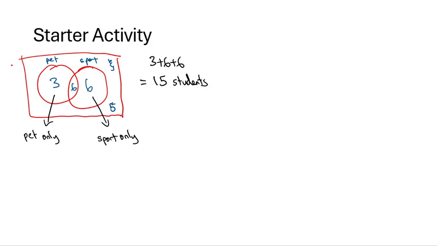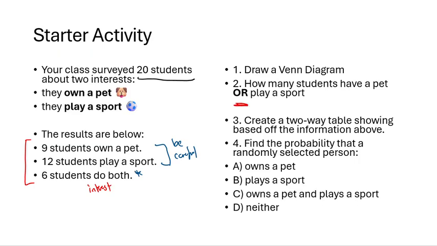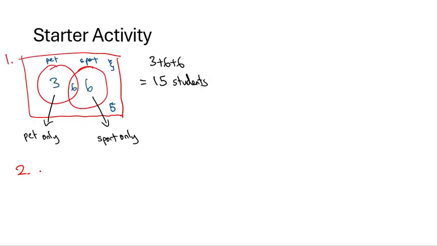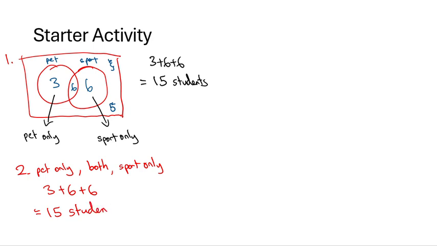It's technically 15 students because the key word here, or, means you can pick pet only, you can pick both, or you could pick sport only. You just add up the numbers, which I have already done for you, which is 15 students.